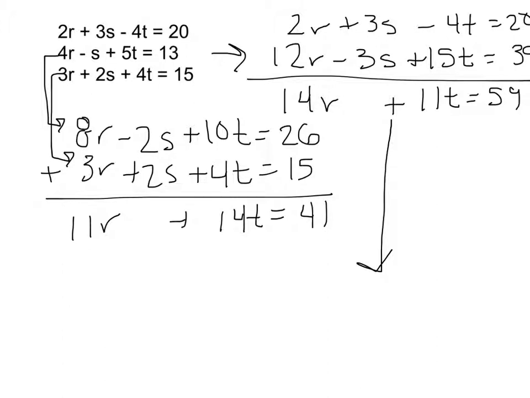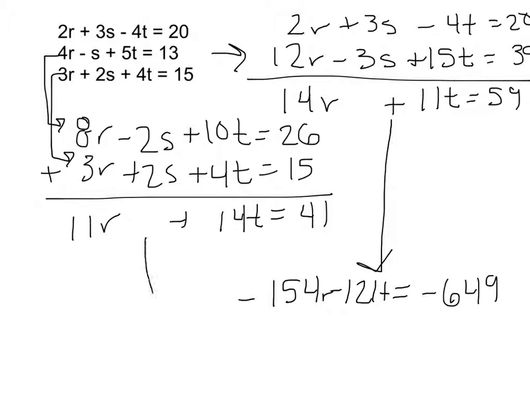So I end up with negative 154r minus 121t equals negative 649. Then I'm going to take this equation and multiply it by a positive 14. That's 154r plus 196t equals a positive 574.